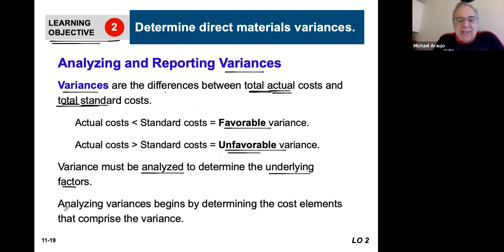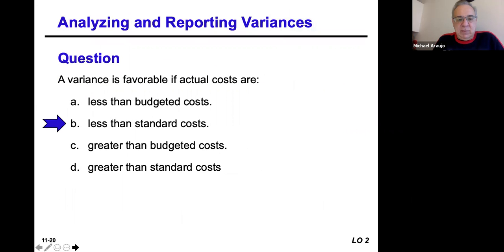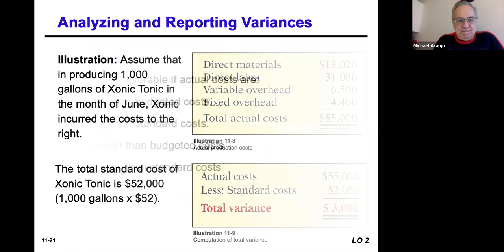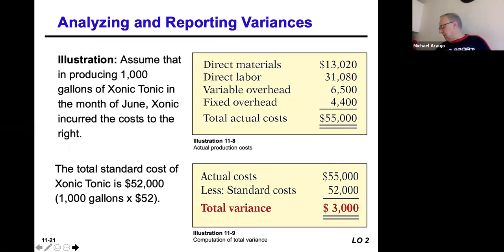So analyzing variances really begins by determining the costs that comprise it. So we're going to be looking at a lot of those. A variance is favorable if the actual cost is less than the standard cost, and we're looking at totals for this.